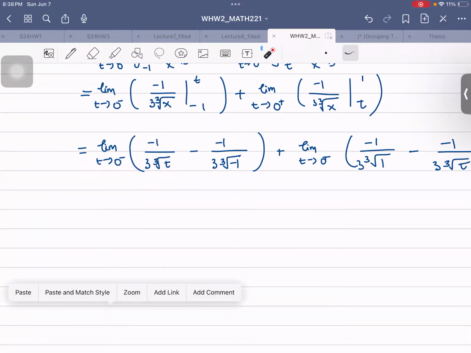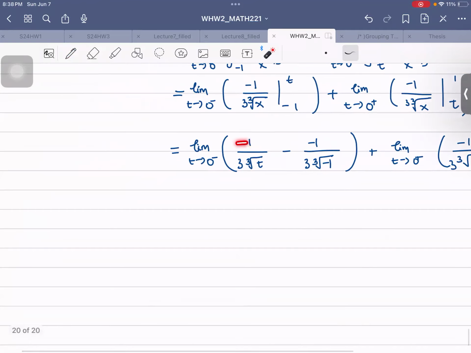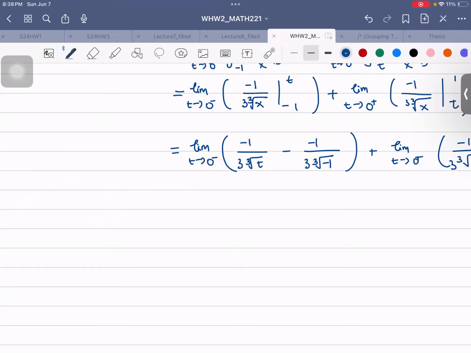You have a negative number divided by something really, really small, but negative, because t is approaching 0 from the left side. So you take negative 1 divided by something really small. The negative signs cancel out and give me the plus sign, and 1 divided by something really small will give you positive infinity.